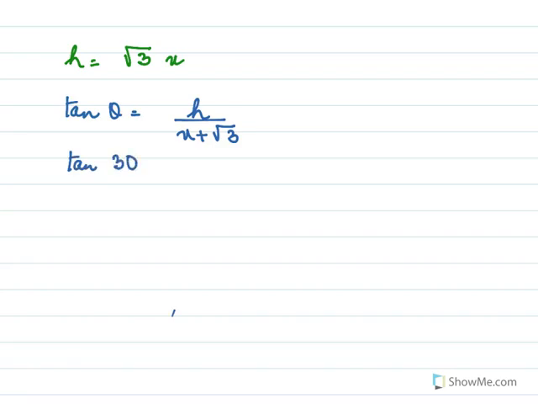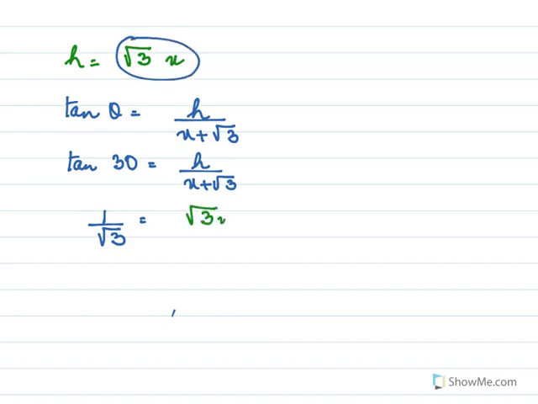So here we had got our H as root 3x, and tan 30 equals H over X plus 40. Tan 30 is 1 by root 3. H is root 3x. So for H I am putting root 3x over X plus 40. Cross multiply.